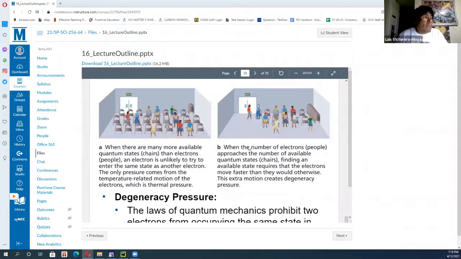What happens is that there is a point when pressure has shrunk the core so much that the number of electrons is approaching the number of available quantum states. Finding an available state requires electrons to move faster.